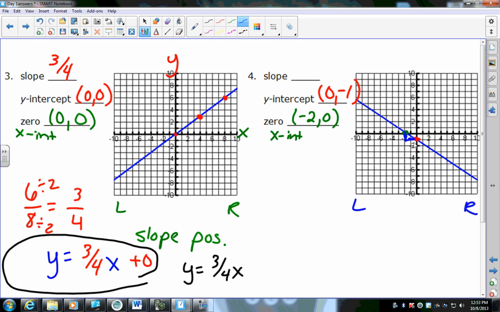Let me see if that still works. Down 1 to the right 2. Is that working? Nope, that doesn't seem to be working. What happened? Maybe it's the way it's smashed together. Because I have 0, -1. You know what?